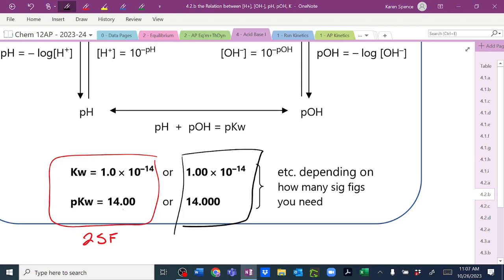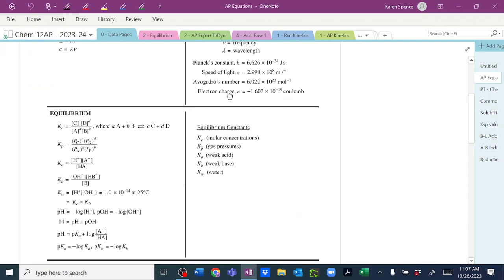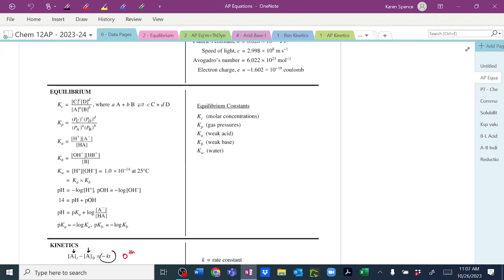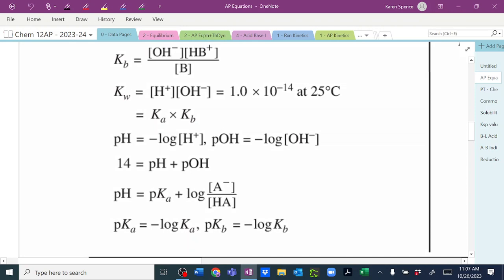Now, let's just see if your AP data sheets give you any particular values. And if that's the case, we will use those values. It just gives you 14, so it really doesn't care what you do. It's good enough because you know sig figs, so you can just throw zeros on there.